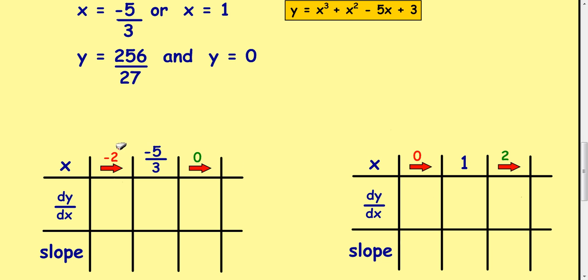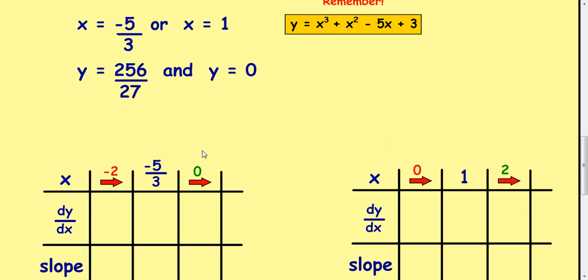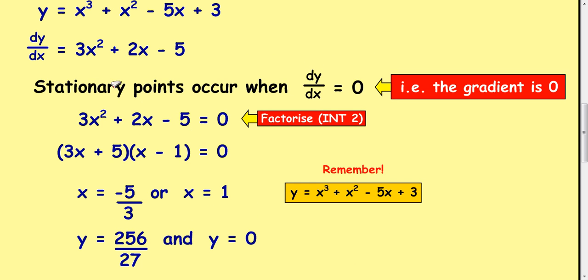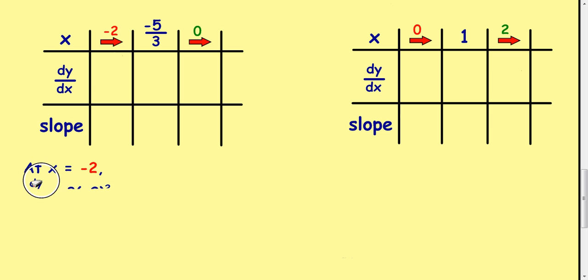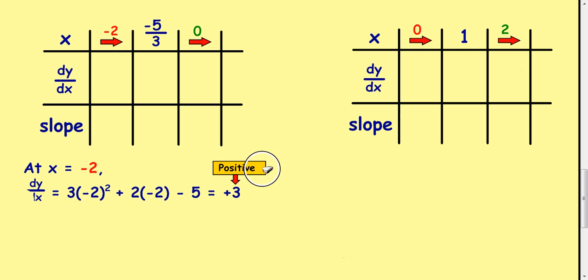So substitute these values in, the negative 2 and the 0, into the derivative. So the derivative's here, so you're subbing negative 2 in here. I'll do that below. So at x equals negative 2, the derivative becomes 3 times negative 2 squared plus 2 times negative 2, take away 5. That comes out as a positive answer, so put plus.